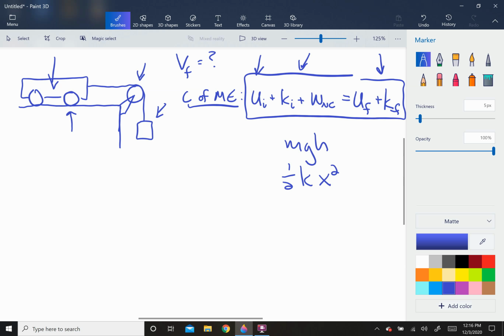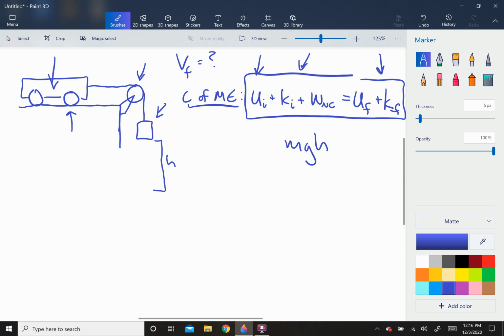There's nothing that's going to act like a spring. So this one is gone. And then at initial, before everything starts moving, are there any gravitational potential energies? There are, right? So this thing is some height h above the ground.